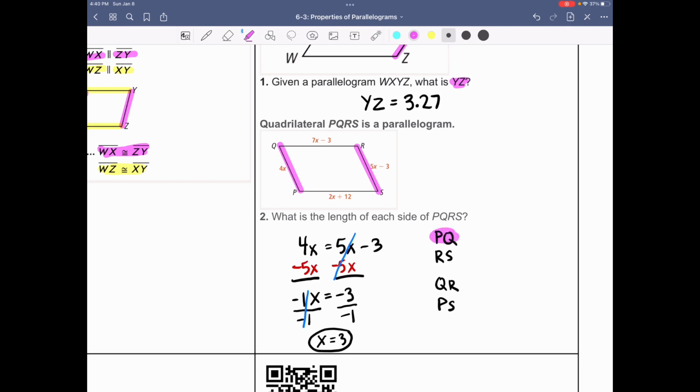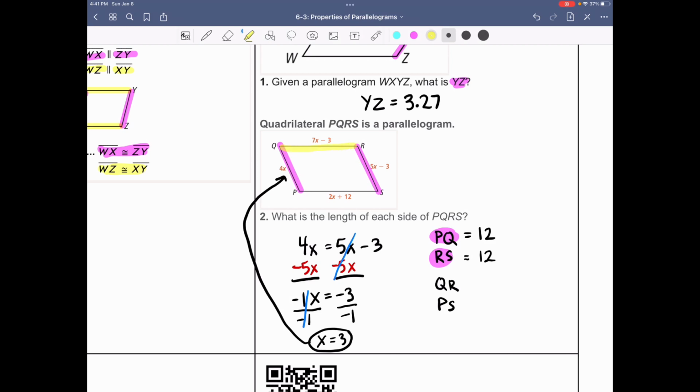And we plug in 3 to x, and that is 4 times 3. So that is going to equal 12. Then for RS, which is also the opposite side, I don't have to do any math because they're congruent. It equals 12 also.